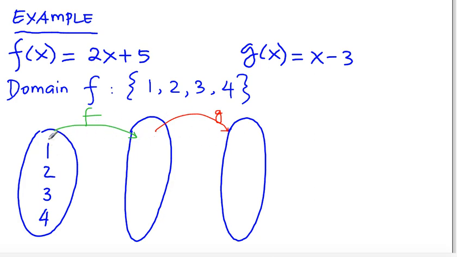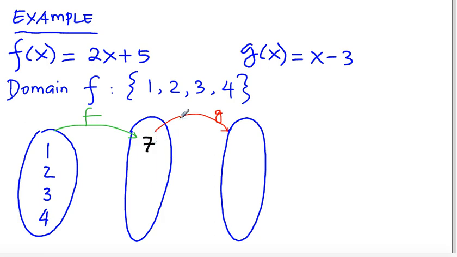I start from 1 here, and I apply function f to 1, meaning I need to find the image of 1 with the rule of function f. I will substitute 1 into x in the rule of function f. So 2 times 1, which is 2, and then add 5. So we will have 2 plus 5, which is 7.